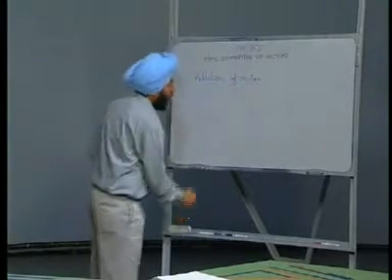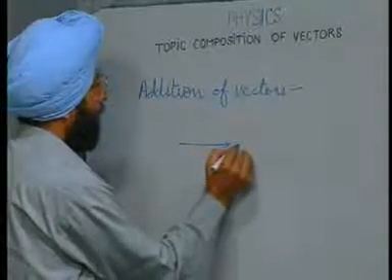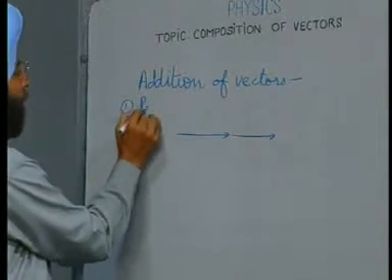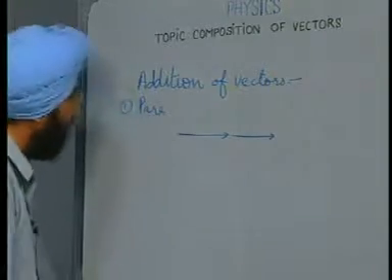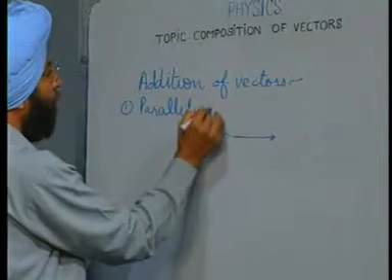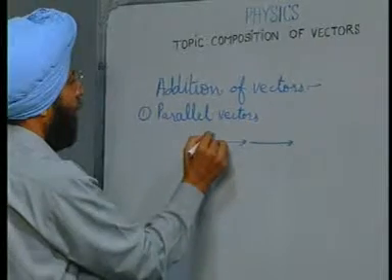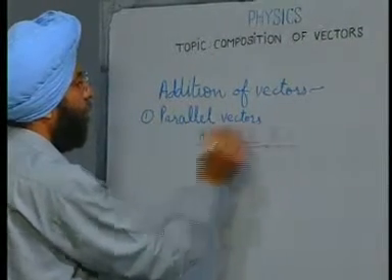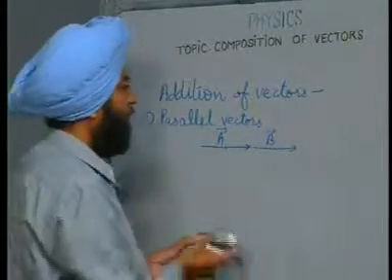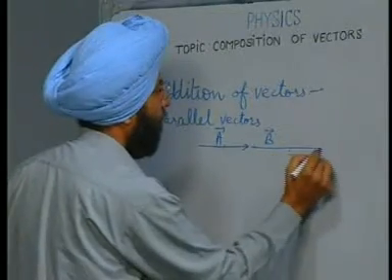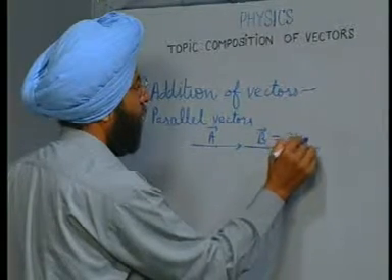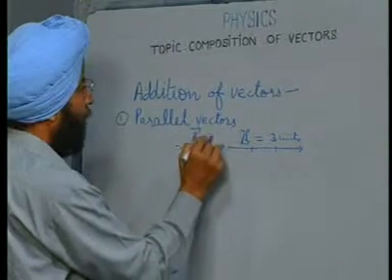Let us say, the first case is when two vectors are collinear, parallel vectors A and B. Magnitude of A is say 2 units, magnitude of B is 3 units.